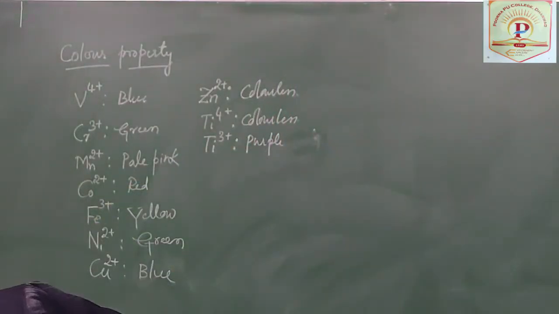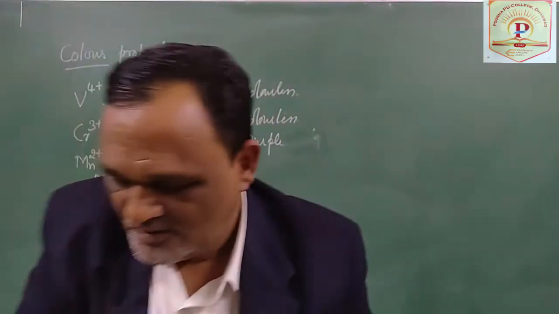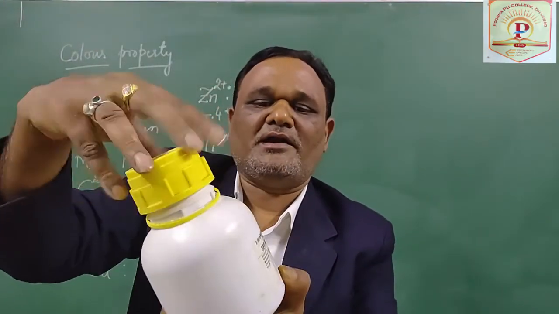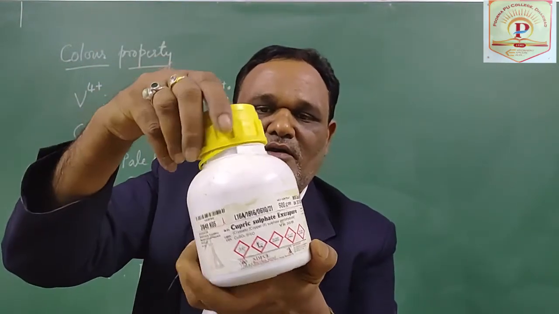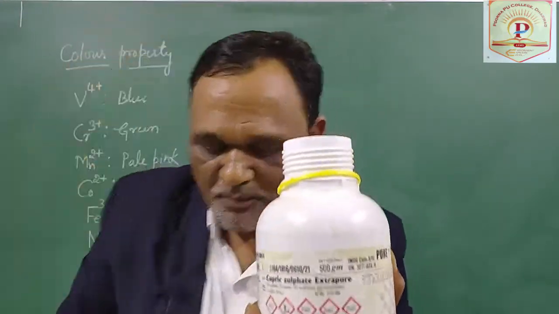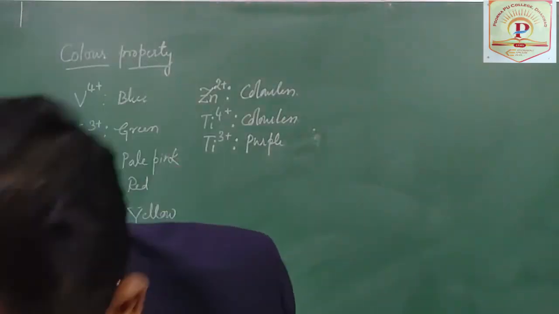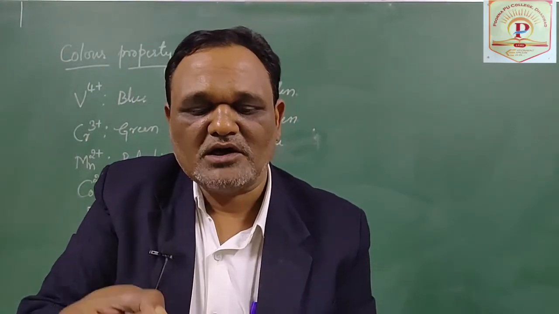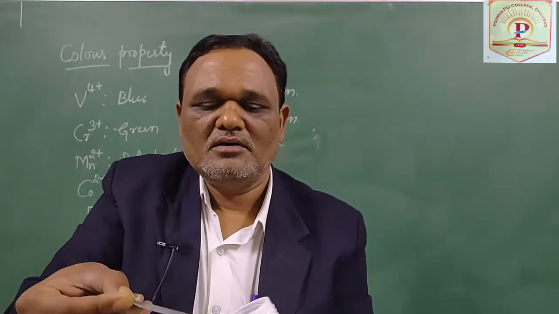Similarly, for copper sulfate, this is the copper sulfate which I brought from your laboratory. It is the cupric sulfate. I will take this crystalline compound in a test tube.